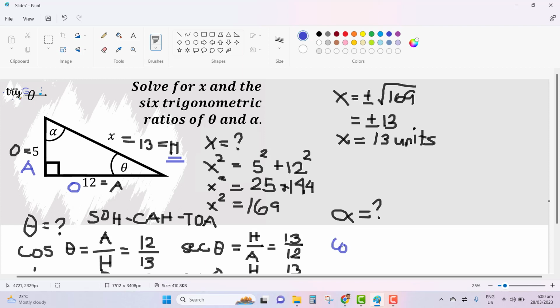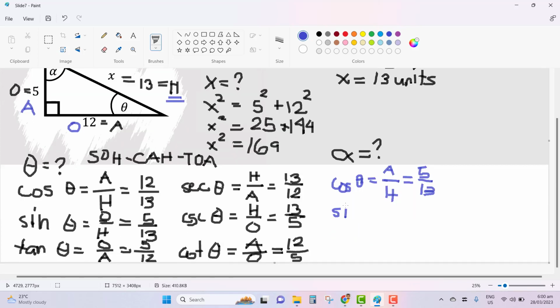So for cosine alpha, which is adjacent over hypotenuse, your adjacent side is no longer 12, but 5, so it's 5 over 13. Hypotenuse is always hypotenuse. Next, sine. Sorry, it is no longer theta.